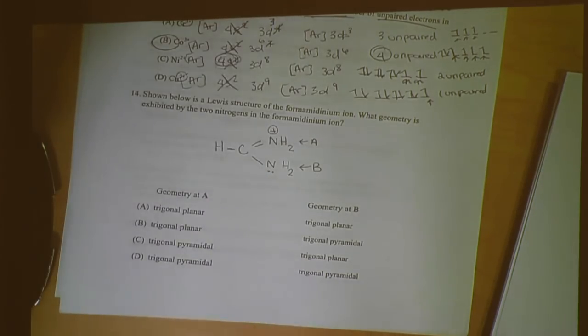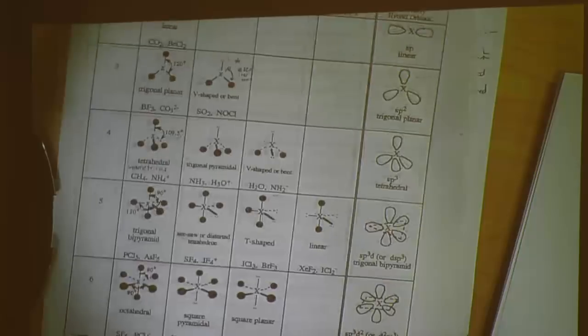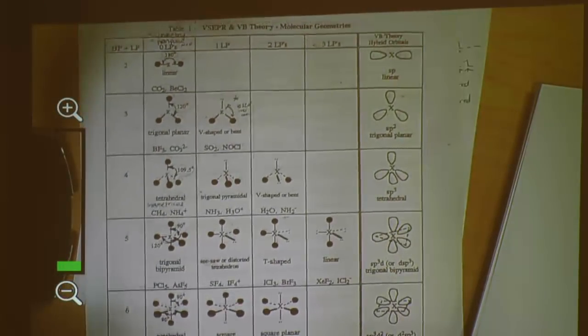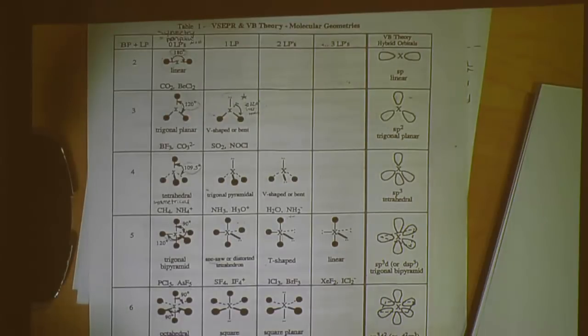Usually when it's asking for geometry, it's asking for molecular, because geometrical geometry is the one where it's not going to matter how many bonded or how many lone pairs you have, but molecular is the one where it matters. So there's a really nice diagram here that I like to use. If you want to take a picture of it, go ahead. It's also in your book, I think, of molecular geometry. So this is what it looks like.